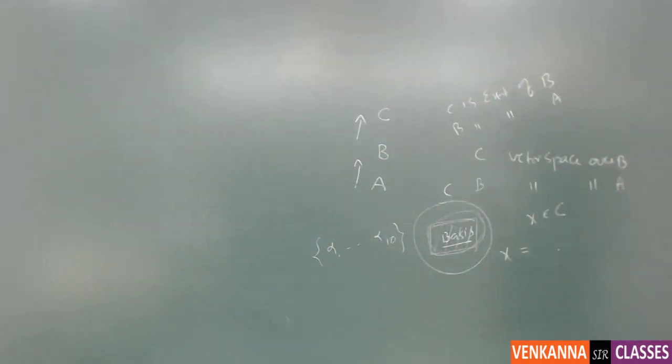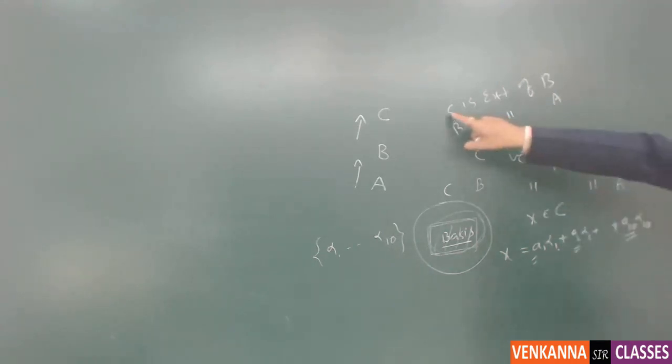Then X is equal to A1 alpha 1 plus A2 alpha 2 plus so on plus A10 alpha 10, where the numbers A1, A2, so on A10 are taken in the field.